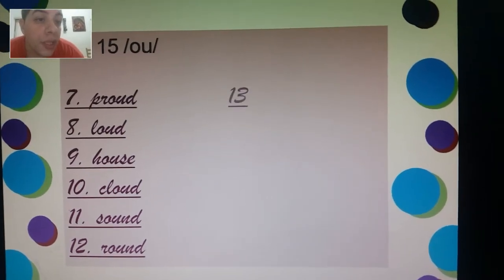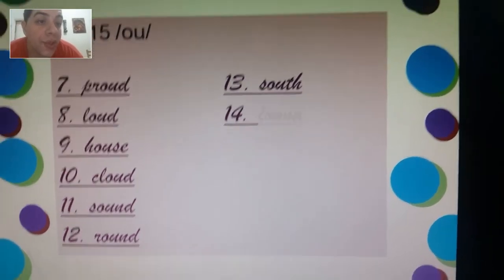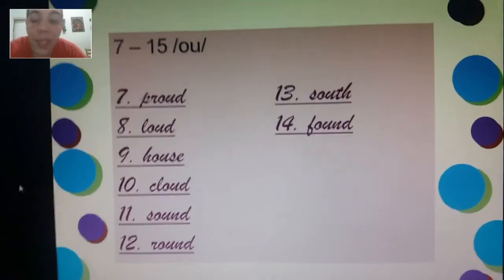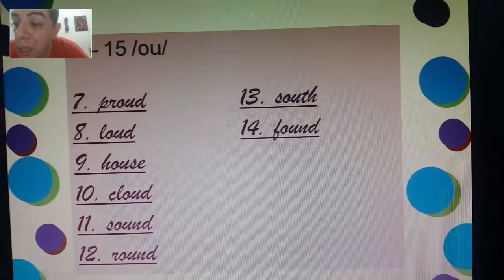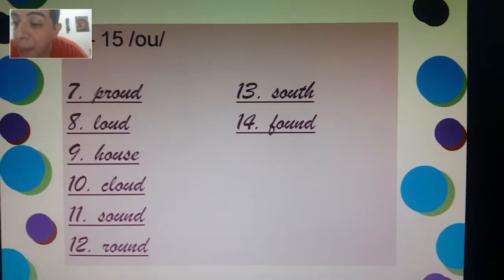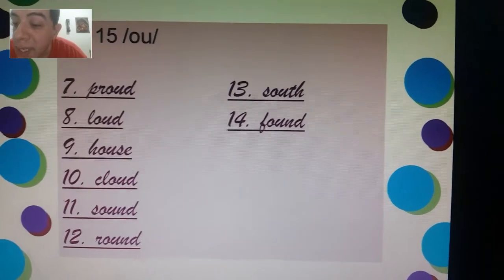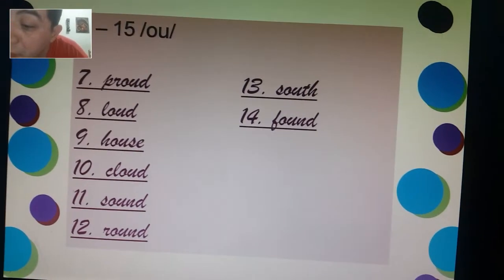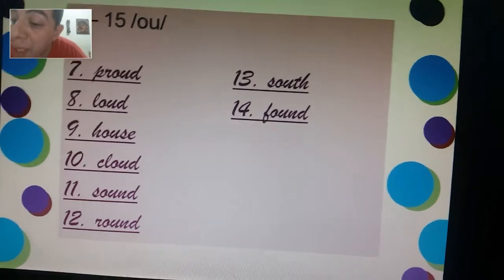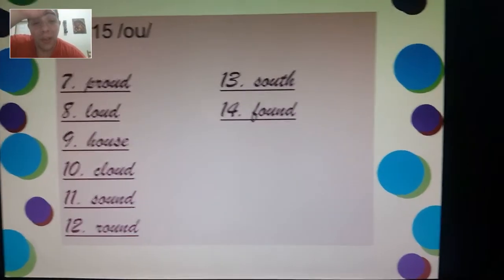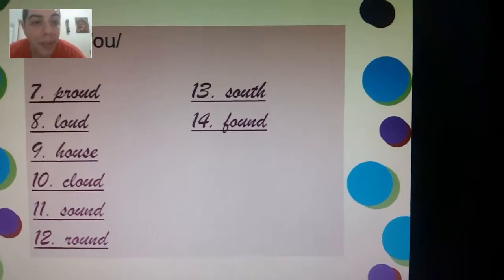Number 13. South. South is the opposite of north. Example we have in our books is the loud ringing. No, sorry. North is the opposite of south. Come on. I wasn't original. They have my sentence.